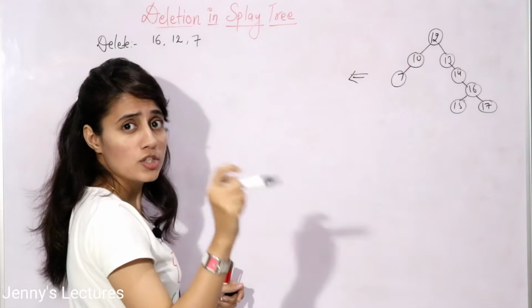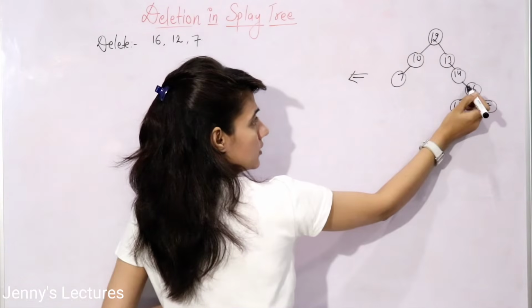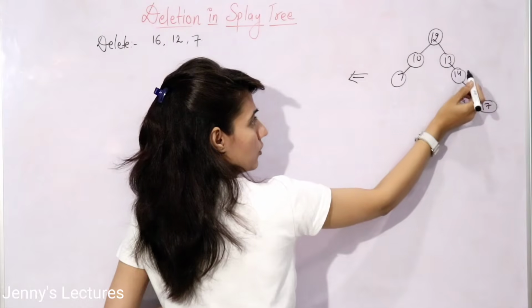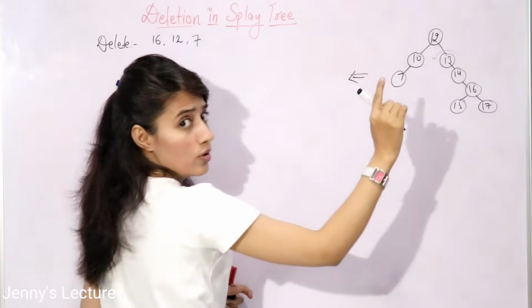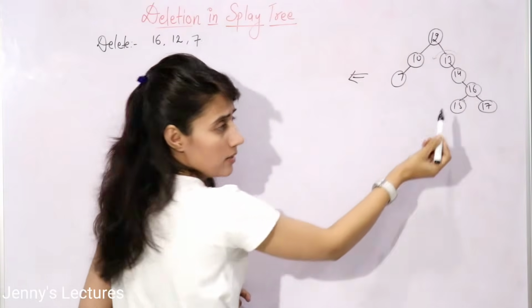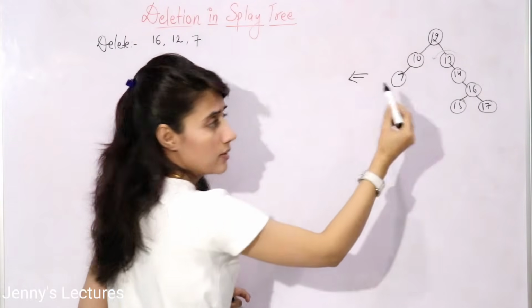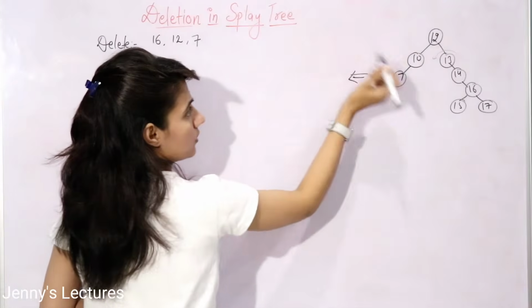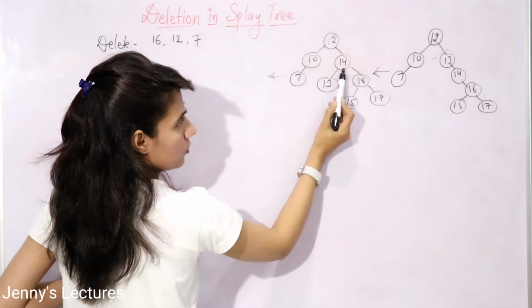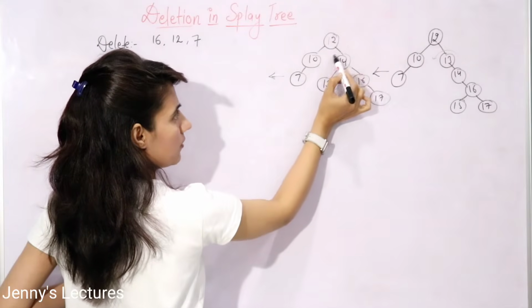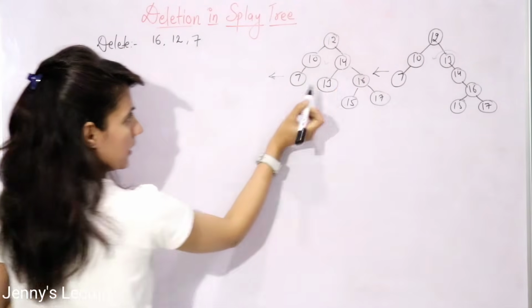So here which rotation do you need to perform? See, 16 is to the right of 14. So here first of all we need two left rotations: left rotation on the grandparent, after that left rotation on the parent. After the first rotation the tree would be like this, now we will do the second left rotation on this parent, that is 14.